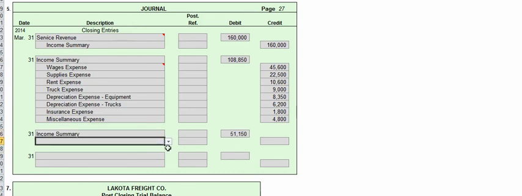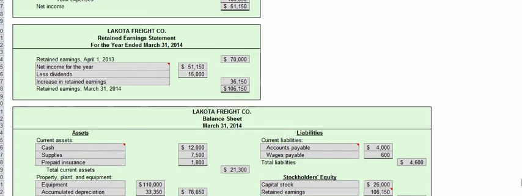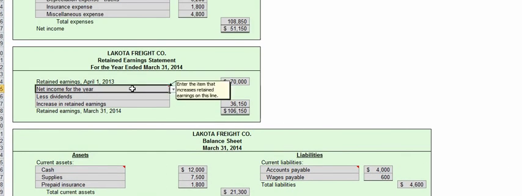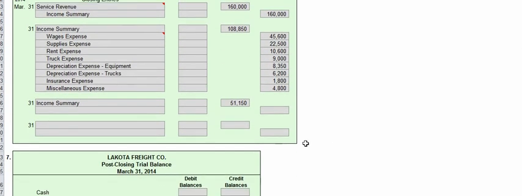Okay, now the account to credit is the account that gets increased at the end of the year by net income for the year. Well, let's look back. Retained earnings was increased by the amount of net income for the year. Remember, retained earnings increases on the credit side. So two purposes here.